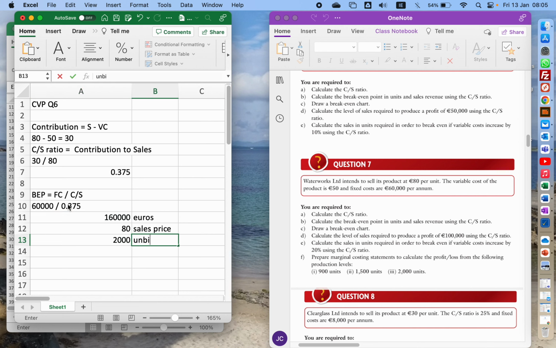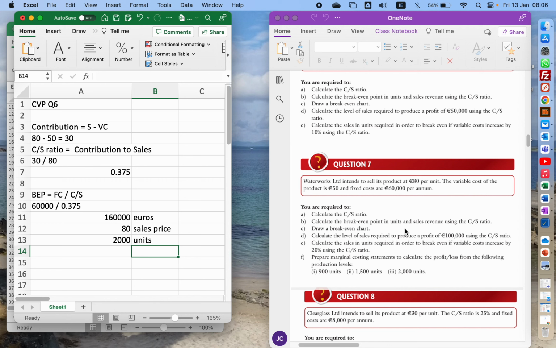So that's break-even point in units. It's just the opposite of what we did before. Before we'd calculate the units multiplied by sale price, and that gives us euros. Here we're going in reverse. So that's doing the break-even point in units and sales revenue.